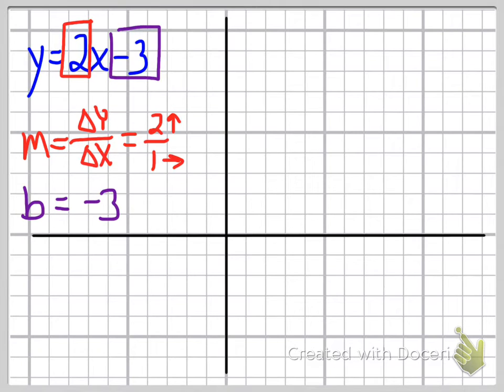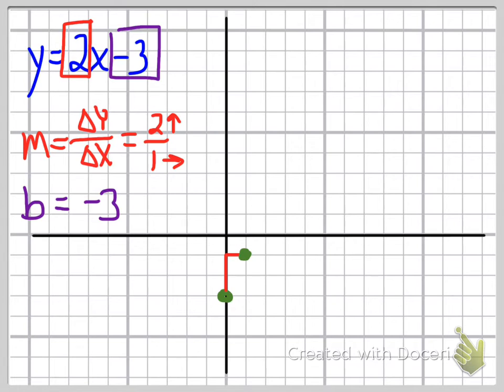So where I want to start is I want to start looking at the y-intercept and place a dot on the y-intercept first. My y-intercept is going to be on my y-axis, the vertical axis. So at negative 3, I place my dot. Then, using my slope triangle of up 2 to the right 1, I now can place another dot.